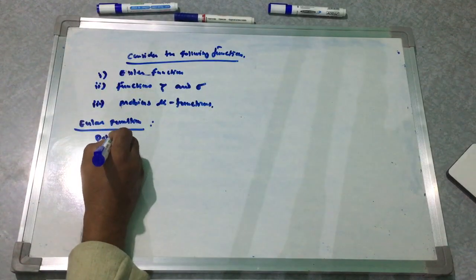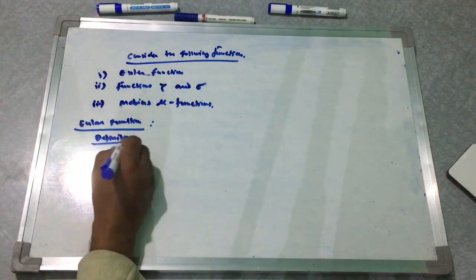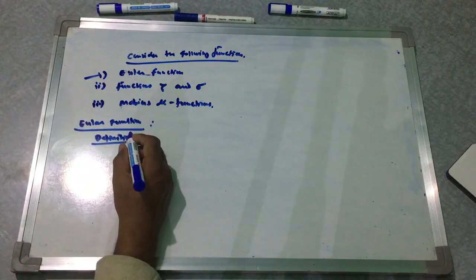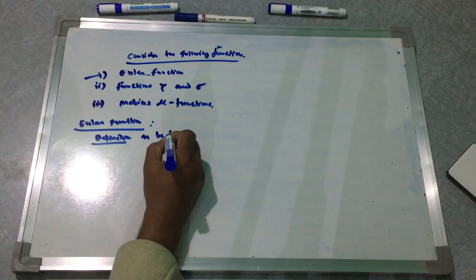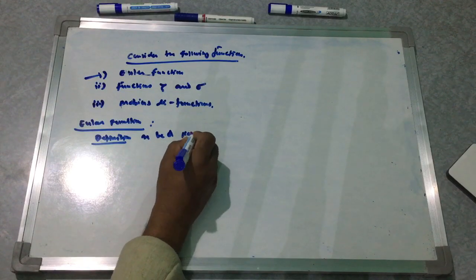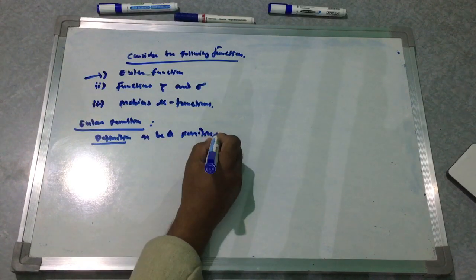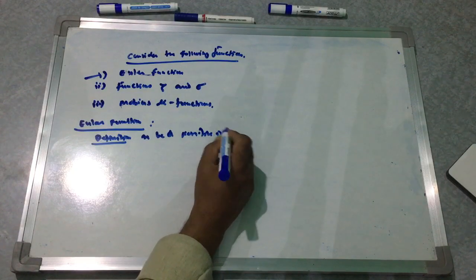Definition number one, the Euler function. Let n be a positive integer.